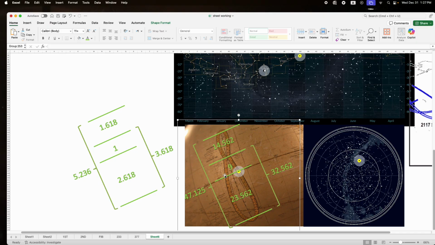We have 9 degrees here with another 14.562 degrees, which gets us 23.562 degrees from our equator to our tropic, and then the same distance from the equator to the other side, and that gives us these other values from the crossing.